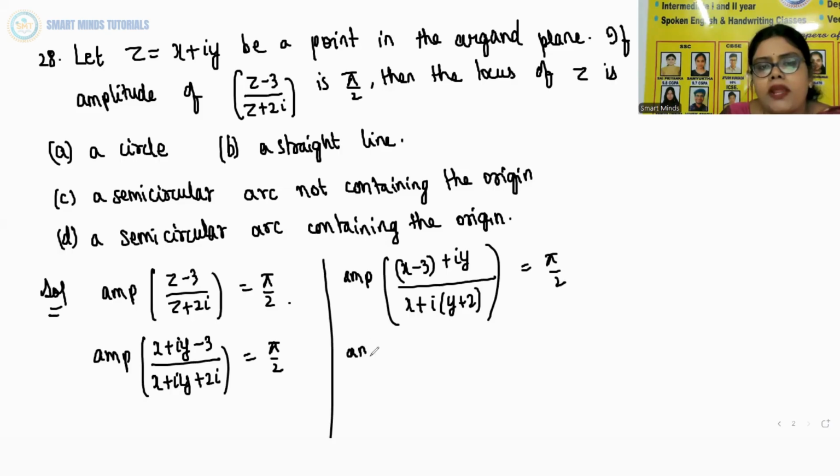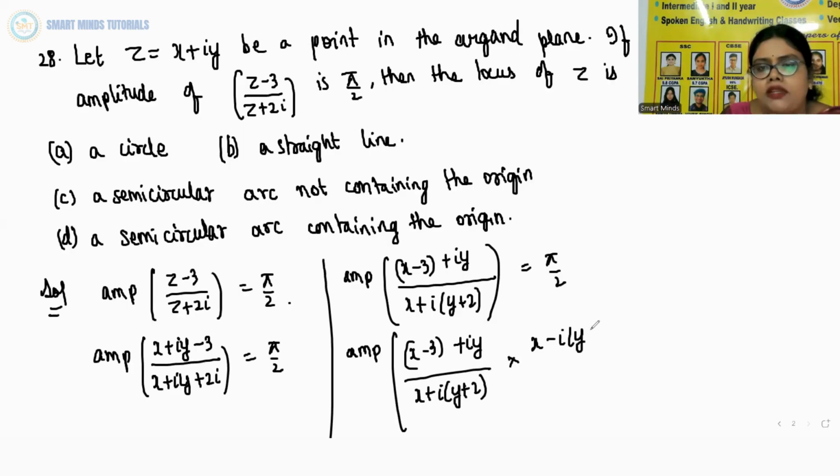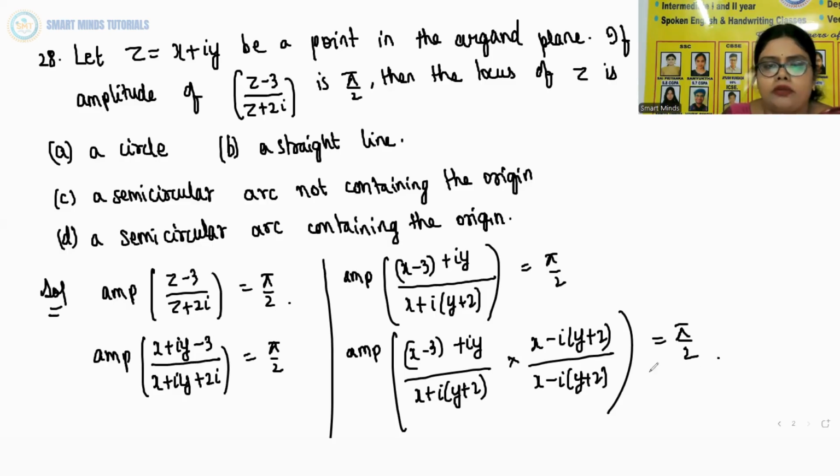Now within the bracket we will rationalize the denominator. So you get (x - 3 + iy)/(x + i(y + 2)) into (x - i(y + 2))/(x - i(y + 2)), that is equal to pi by 2.